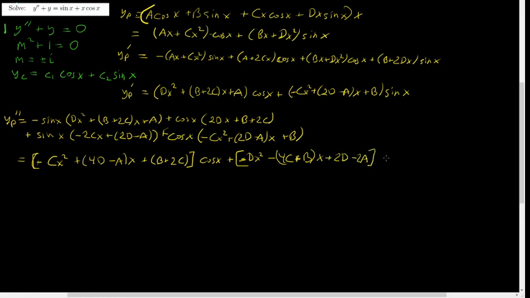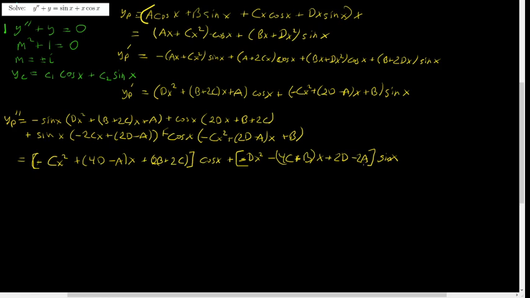I think it was a plus 2d. Oh, I hope this works. So times sine x. All right, so I'm second guessing myself because this is 2d minus 2a, and going back to this, the cosine here we have b plus b, so this should be a 2b here, plus 2c, yep, 2b plus 2c, phew.